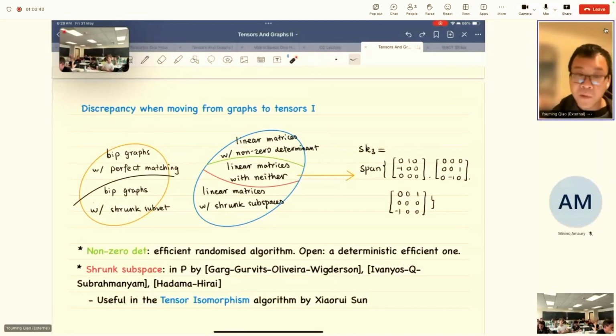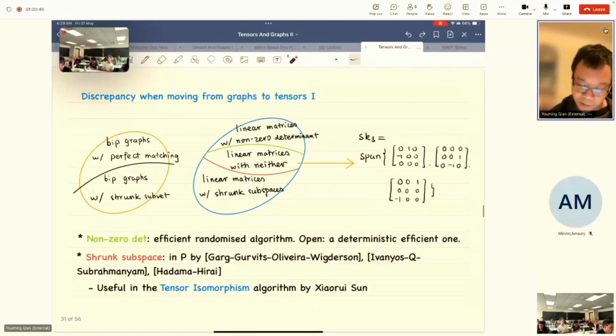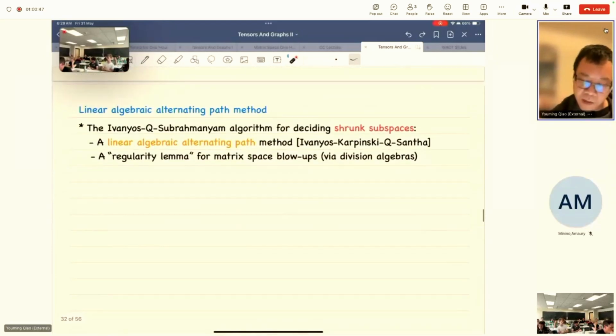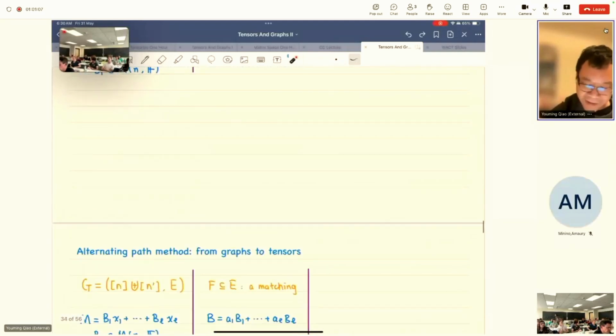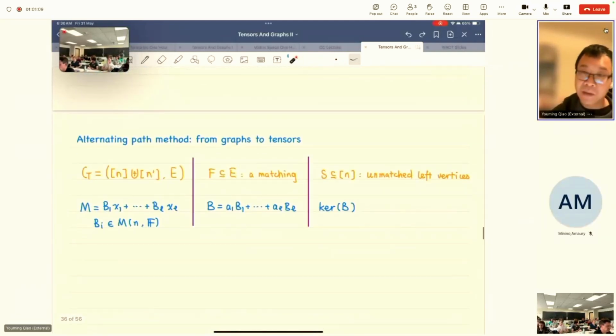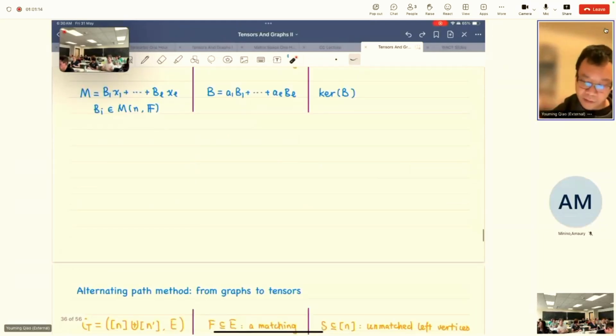Okay, so I'll just stop here and I'll share the slides. So this is the problem side, and on the technique side, I want to mention that there is a so-called linear algebraic analog of the alternating path method. But I don't think we'll have enough time to go through this now. I'll share the slides. In fact, if you look at the slides, I have two versions. The first version sets up the analogies or connections between the graph side and the tensor side.